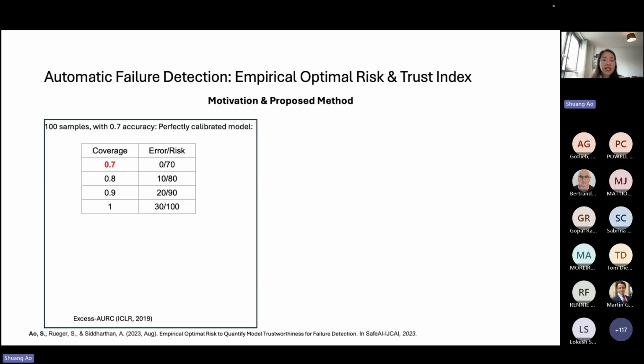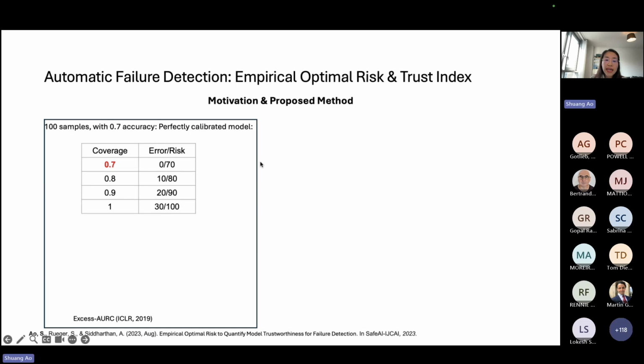So for the remaining data, the accuracy will be 1, meaning the error will be 0. And if you remove 20% of the data and cover 80% of the data, you will leave 10 samples as the wrong ones. So gradually you will reach the error rate of 0.3 in this way.